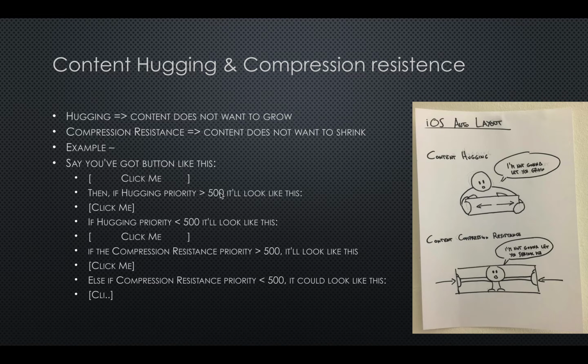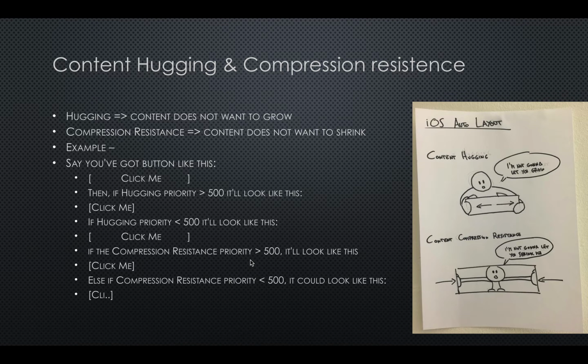So here's a small example. Let's say a button, and you have this much space, and then you set the content hugging property to 500. It means you don't want it to grow, so it will become just like "click me" and all the extra space will go away. When you set content hugging to low, then it will stay the same and you'll have the space.